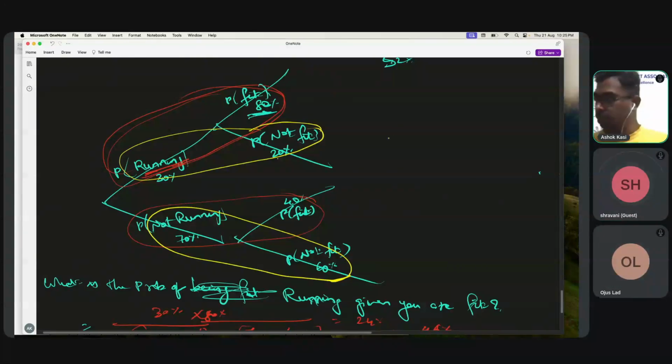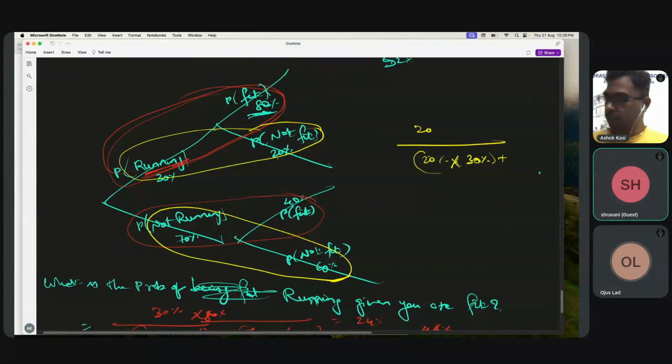It will be unconditional: 20% into 30% plus 60 into 70.